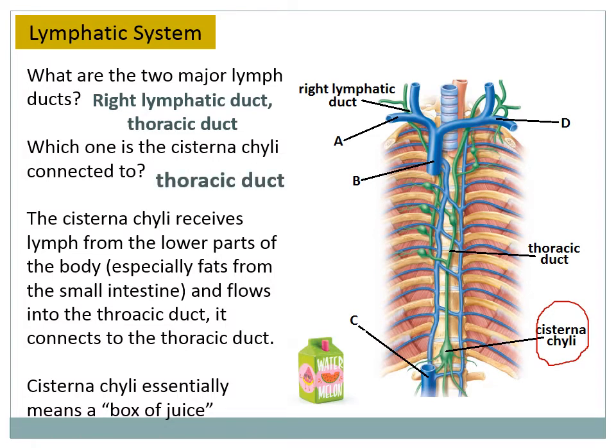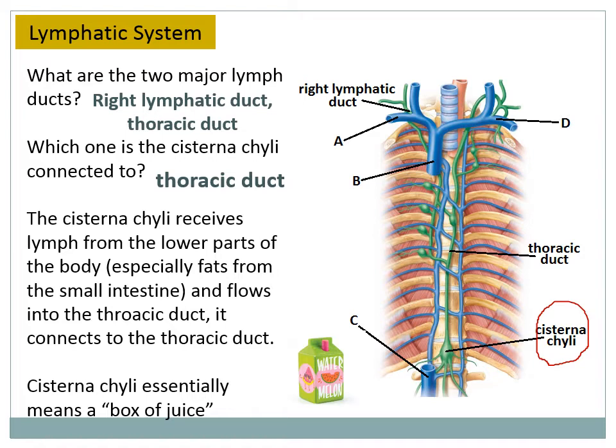The cisterna chyli receives lymph from the lower parts of your body because it's in the lower region. It's especially going to get fats from the small intestine. It's located down in your lower abdomen region, which is where your small intestine is. So it takes in fats from the small intestine and flows into the thoracic duct.